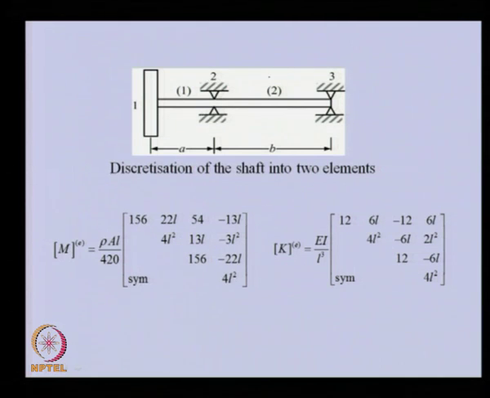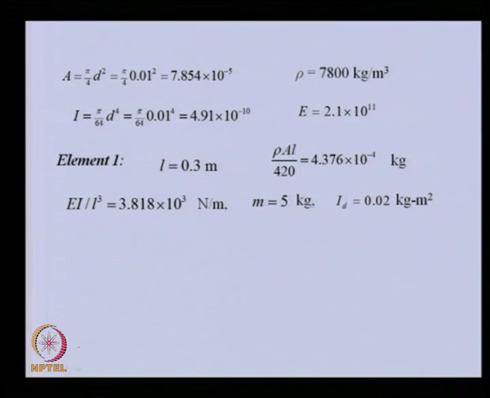This is the standard mass matrix and stiffness matrix for the Euler-Bernoulli beam element, which we will use for obtaining the elemental equation. We are considering the mass of the shaft also along with the mass of the disc. Various properties, area and second moment of area, we can calculate from the given data.